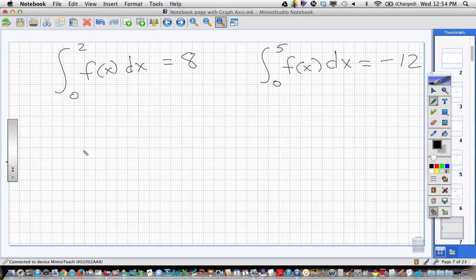And then you'll be asked to find some different areas, but one of them could potentially be this area right here. You'll be asked to find that area right there. The integral from 5 to 2. Now again, keep in mind why we're doing all this stuff.